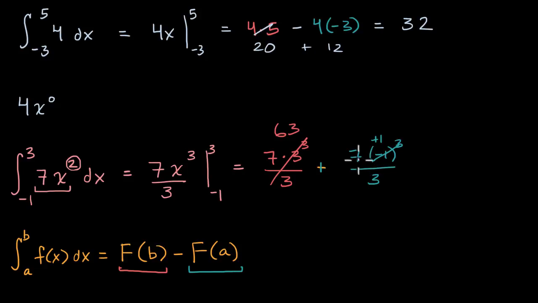And so this is just going to be plus 7 over 3. If we wanted to express this as a mixed number, 7 over 3 is the same thing as 2 and 1/3. So when we add everything together, we are going to get 65 and 1/3. And we are done.